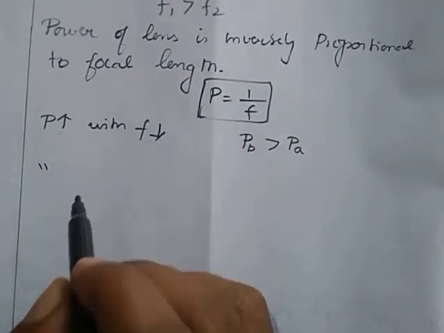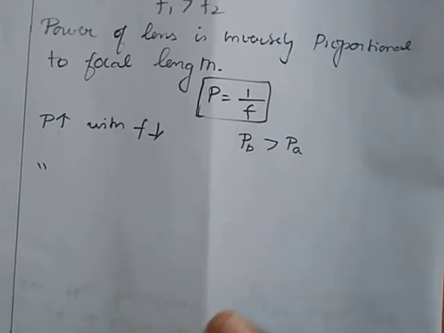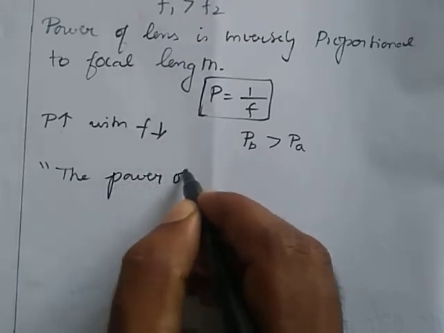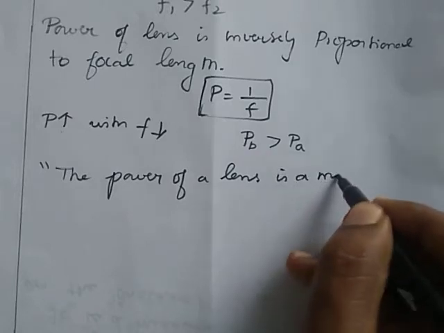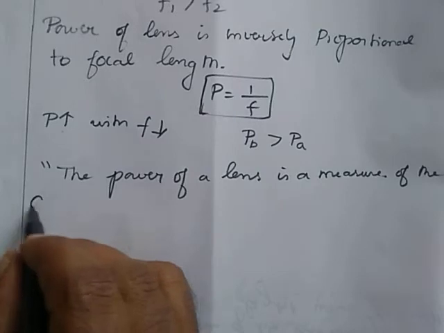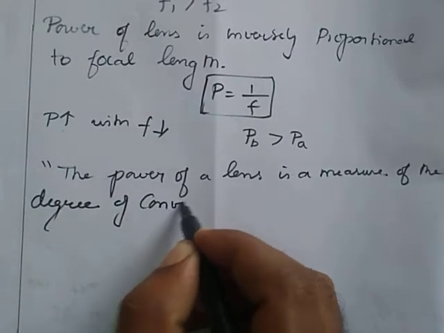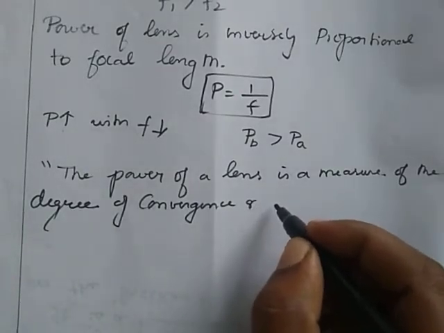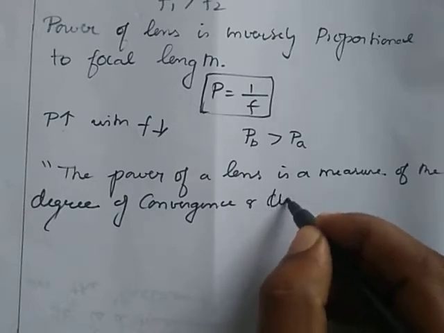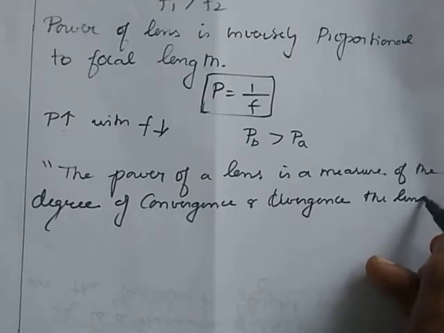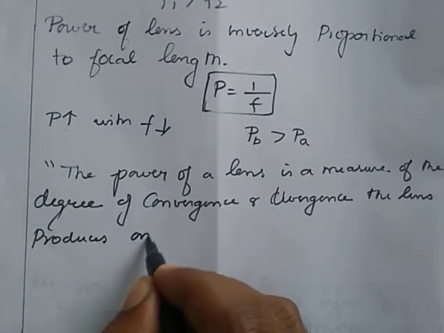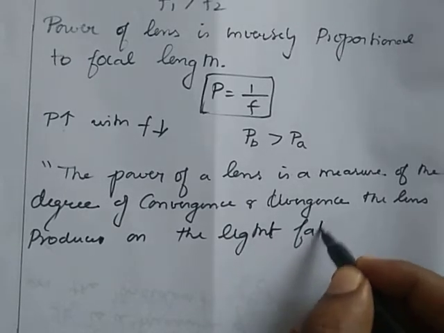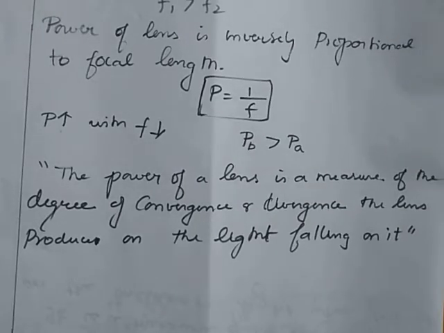The power of a lens is a measure of the degree of convergence, for a biconvex lens, or divergence, for a biconcave lens, that the lens produces on the light falling on it. These two are the expressions for power of lens.